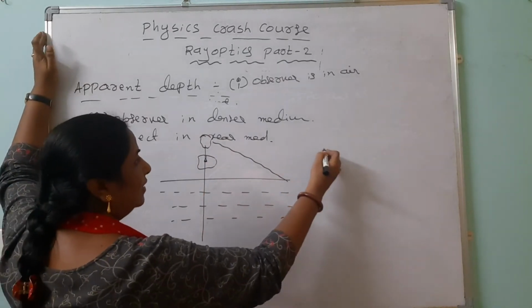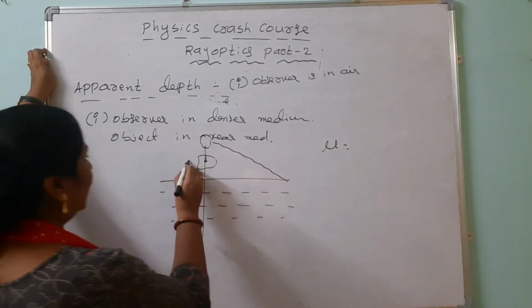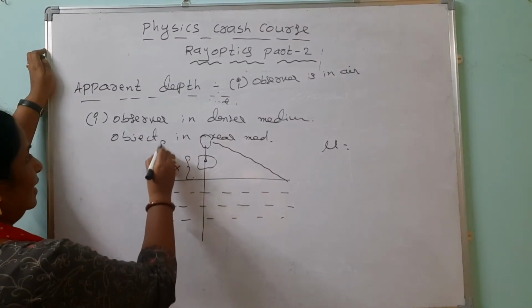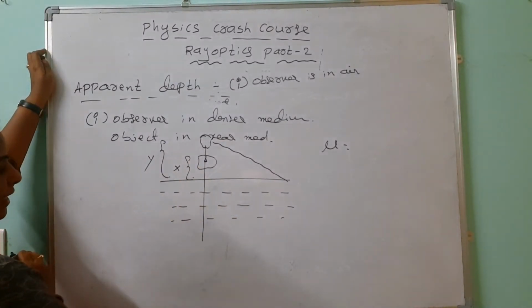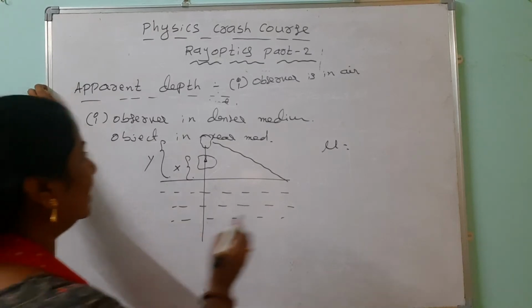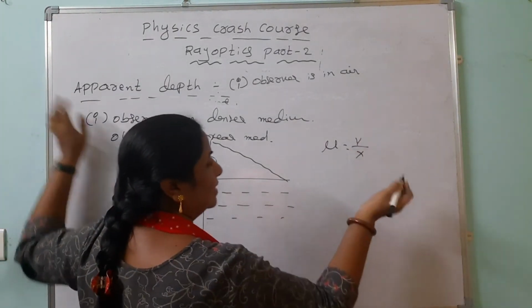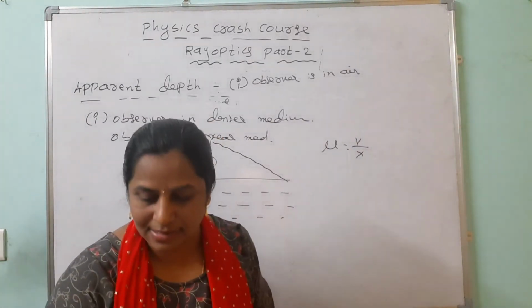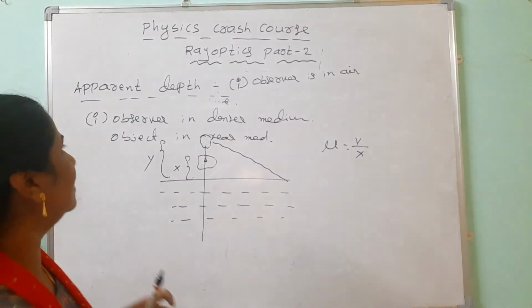Here suppose the real depth is x and the apparent depth is y. The refractive index we take is y by x. It is the reverse of the earlier case. This is about the apparent depth in different cases.